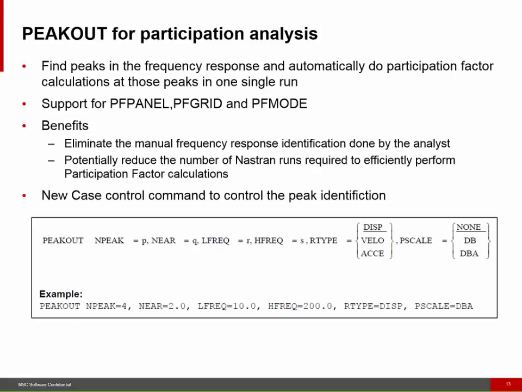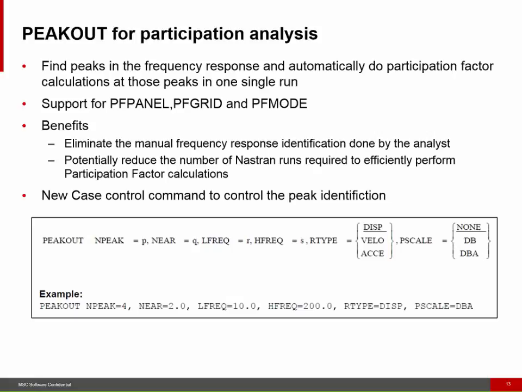So there's support for PF panel, PF grid and PF mode, so panel, grid and mode participation. Some of the benefits are that it eliminates the manual identification that needed to be done by the analyst to find the peaks.